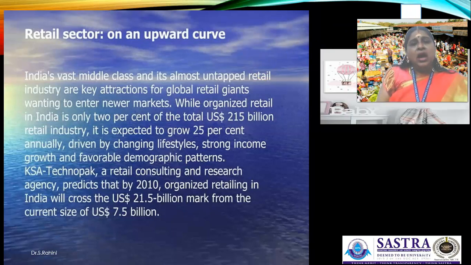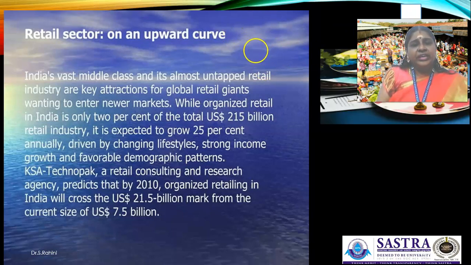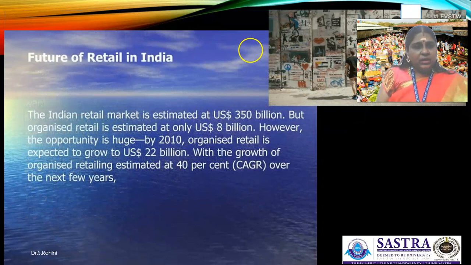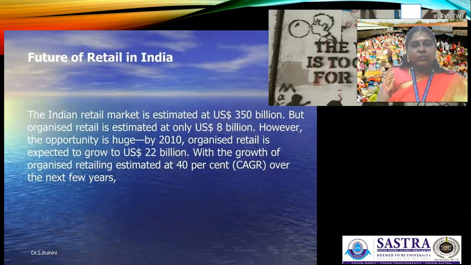The upward curve is clearly there in the Indian retail industry. In future, the Indian retail industry is estimated to be 350 billion, while organized retail is estimated at 8 billion. However, the opportunity is huge. Organized retail was expected to be 22 billion, but in 2022 it will be more, with 40% growth, and in the next few years it will rise further.